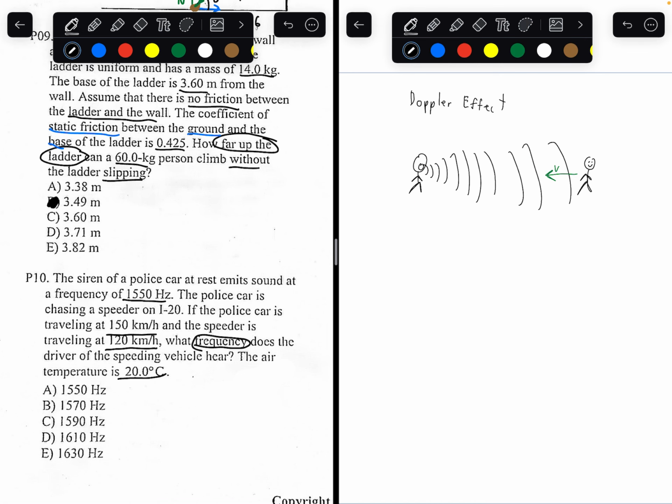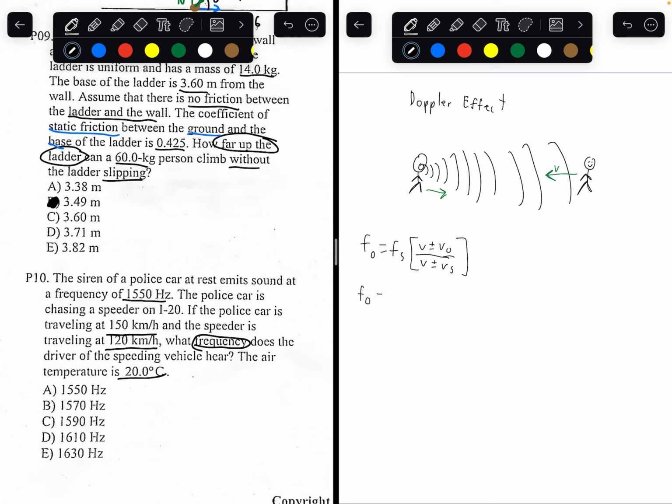So that's essentially the Doppler effect, that the velocity of the objects can change the frequency observed. The formula to use is the frequency observed equals the frequency of the source times the velocity of sound plus or minus the velocity of the object, divided by the velocity of sound plus or minus the velocity of the source.